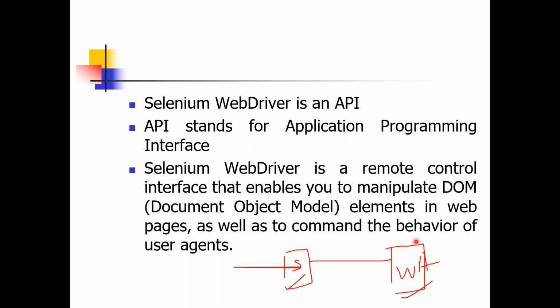Interacting with the web application means you are manipulating the DOM, Document Object Model, in web pages. I will explain with the help of a program how to interact, how to see the HTML of the particular page and how to extract it. We will understand that when you see the demo of locators, and when we do the actual testing of the web application with the help of programming.